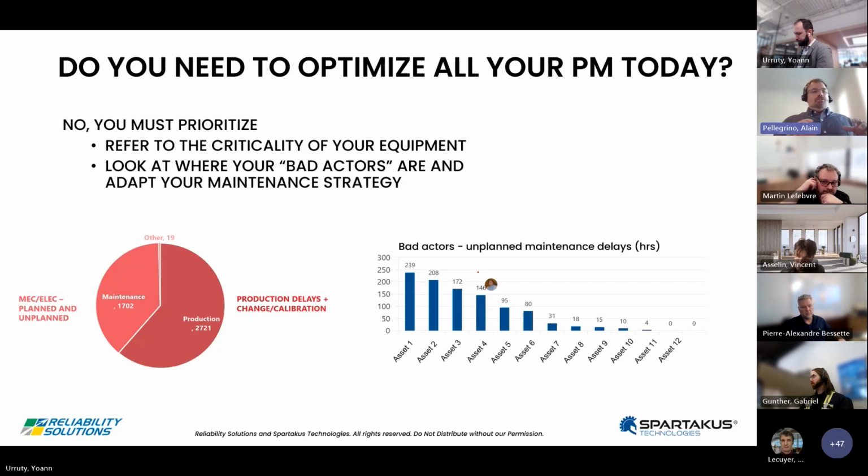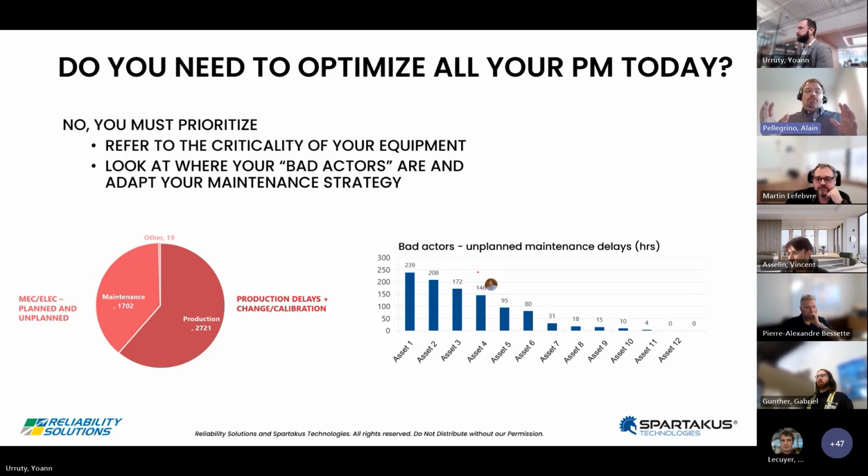So the first thing is you could refer to your criticality assessment and prioritize to optimize your asset strategies on your critical pieces of equipment. Meaning those critical assets will have a good asset strategy program. You'll be able to monitor asset health, and that's going to gain uptime at the end of the day, which is great.